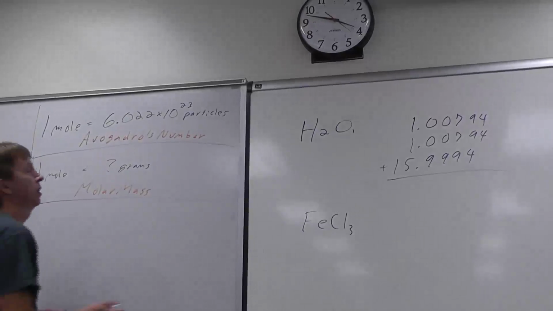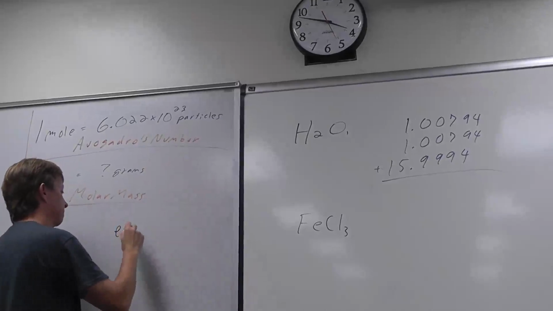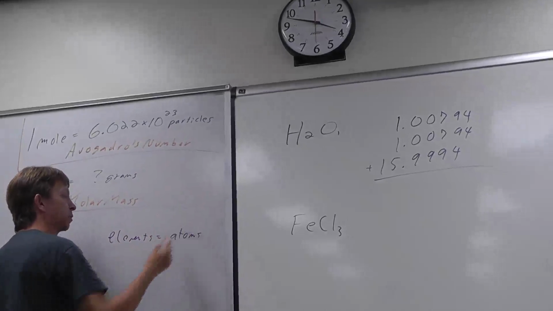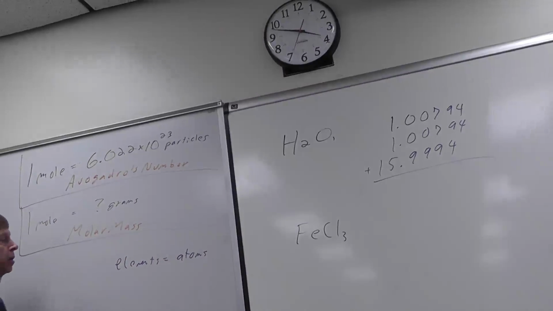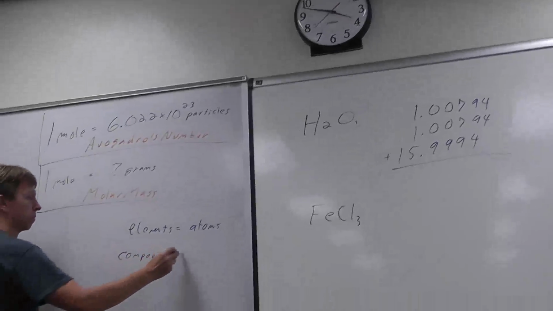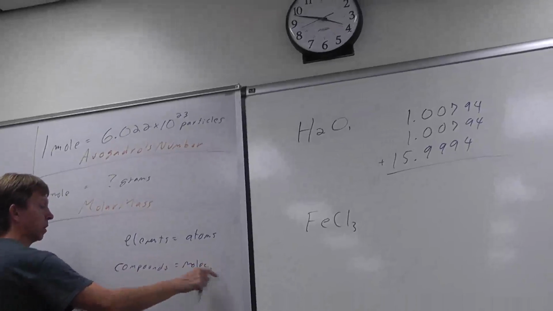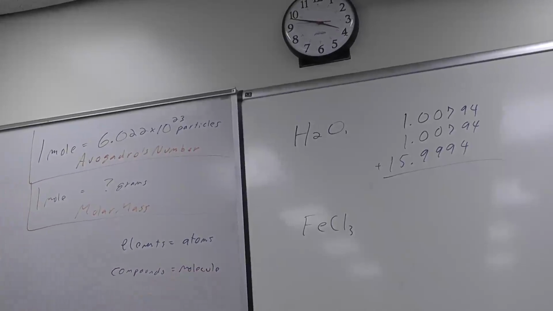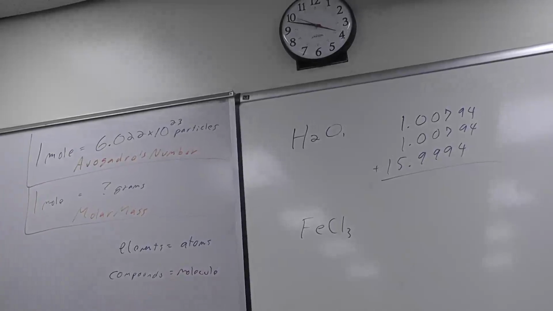Terminology changes a little bit because when we were talking about elements, then we talked about atoms as being the smallest particle, a certain number of atoms of carbon. But when we're talking about compounds, the smallest particle of a compound is the molecule. Molecule implies bonding. Atom doesn't.